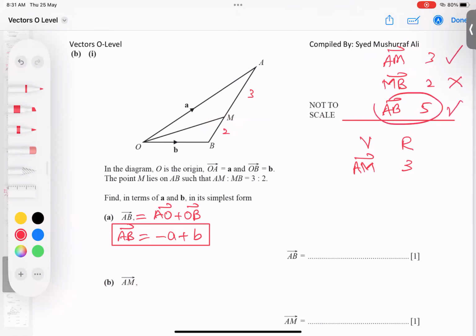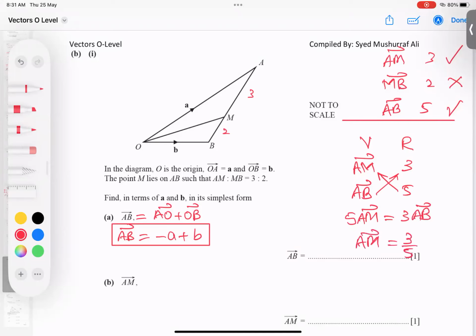Why the bottom one? Because the AB vector we have. So I'm writing AB vector is 5 ratio, cross multiply. 5 times AM equals 3 times AB. And this 5 will divide, and I get AM vector equal to 3 by 5 times AB.